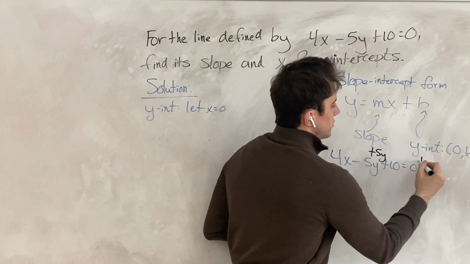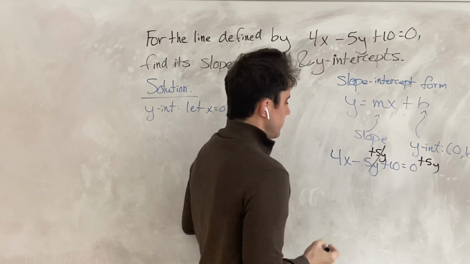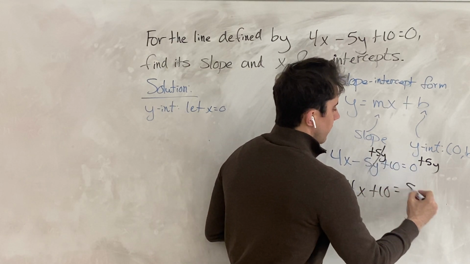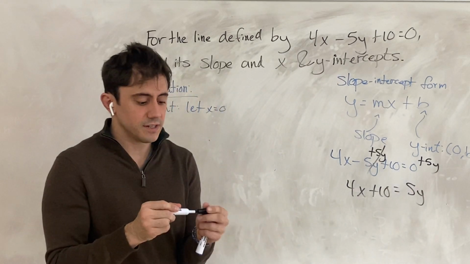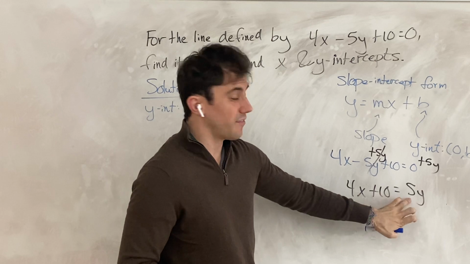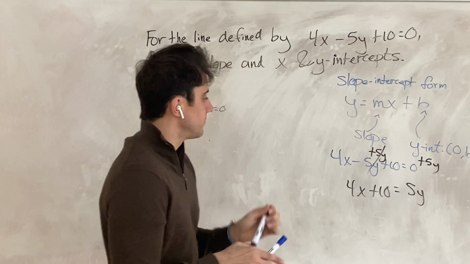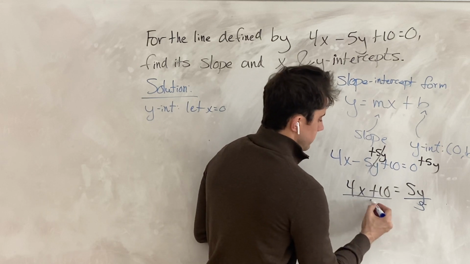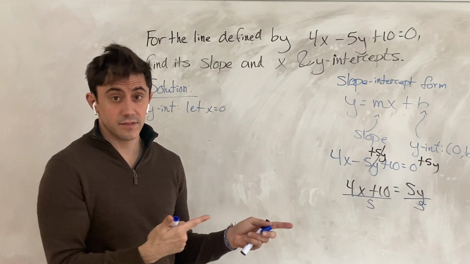Adding 5y to both sides cancels out, and so we have 4x plus 10 is equal to 5y. And now we're already almost done, because we want y equals so on and so forth. We have 5y, let's just divide by 5. So if we do that, we're dividing everything by 5, right?